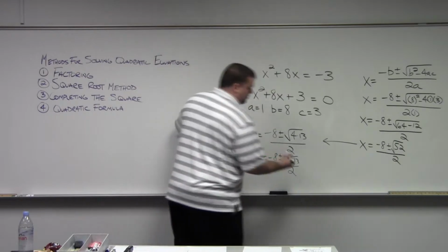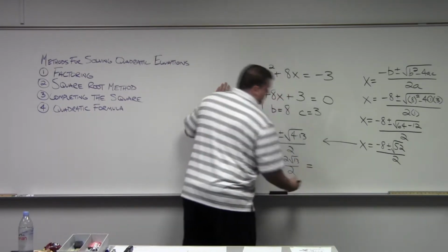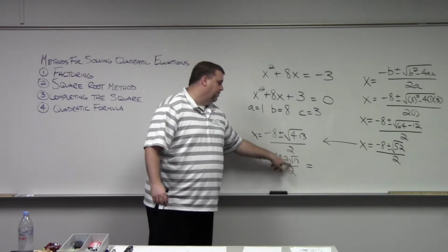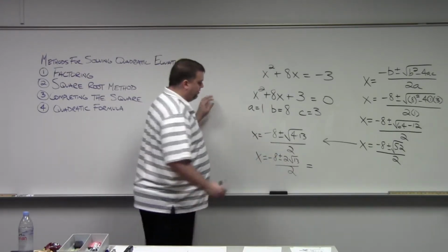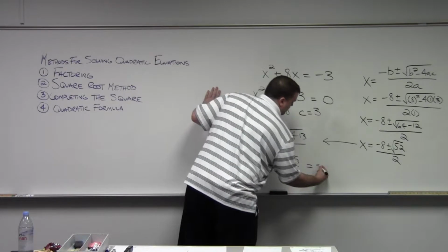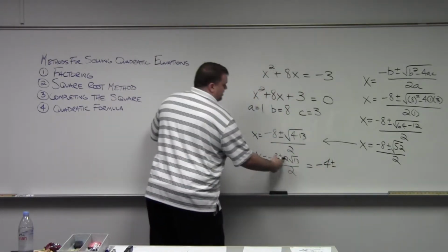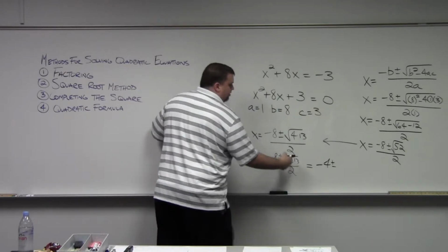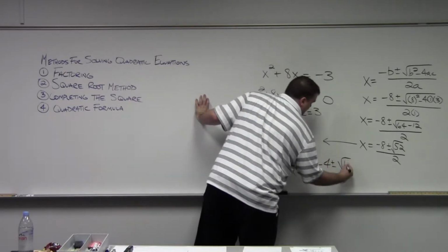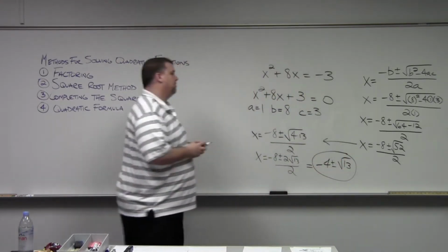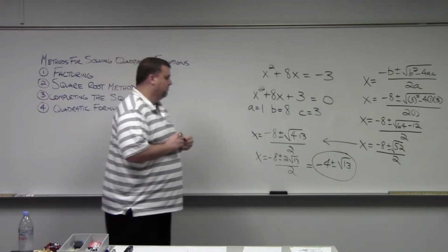Any ideas? I'm dividing by 2, so I can just divide both of these by 2. What's negative 8 divided by 2? Negative 4. And this 2 divided by 2 just becomes 1 square root of 13. So my answer becomes negative 4 plus or minus square root of 13.